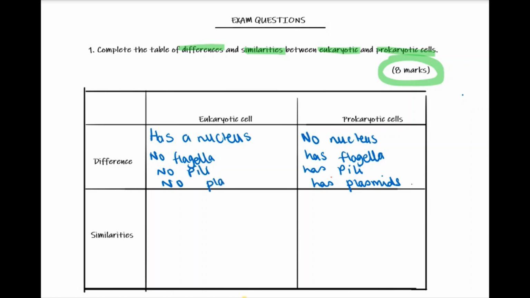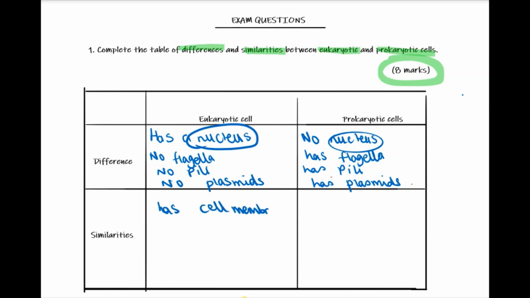Now, when we're tackling these kind of questions, it's very important that once we mention one point, we mention whether the other side has or hasn't got that point. That is the main tip to tackle these sort of questions. Now let's have a look at the similarities. So a eukaryotic cell has a cell membrane.